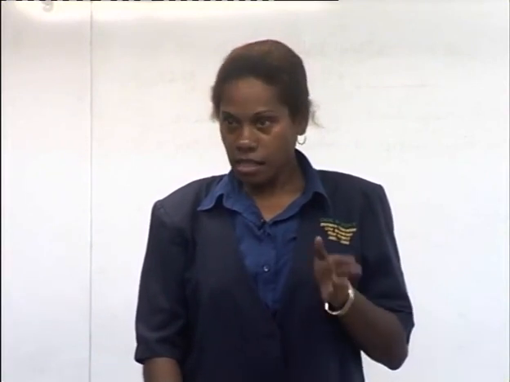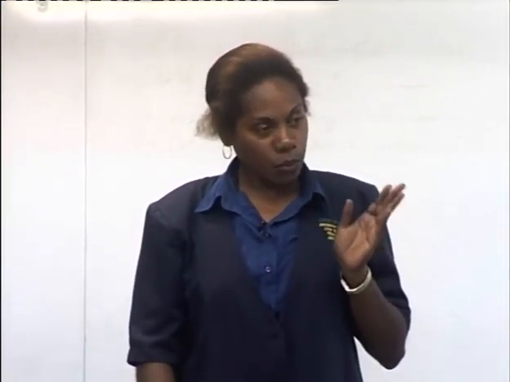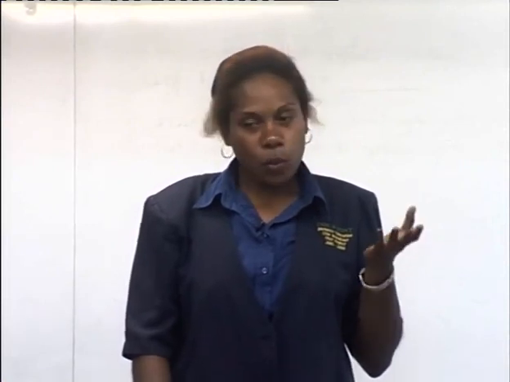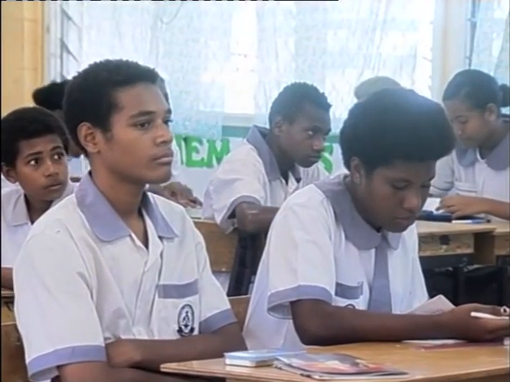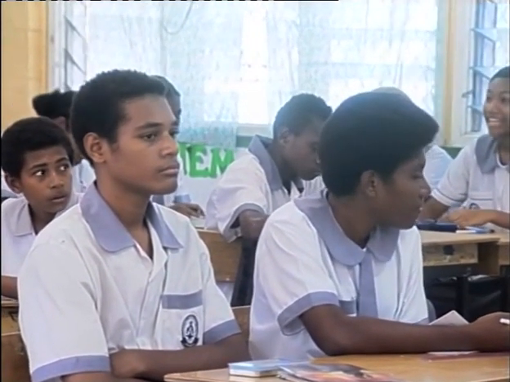Now, who knows what the next strand will be? Receiving students, do you have any idea what the strand will be for this term? We've looked at environment and resources. Now, what will be the next strand?